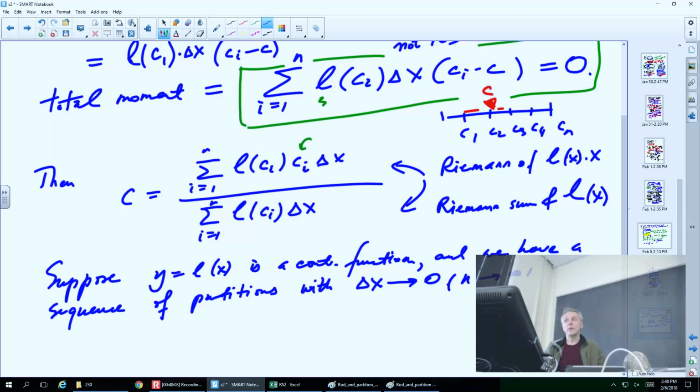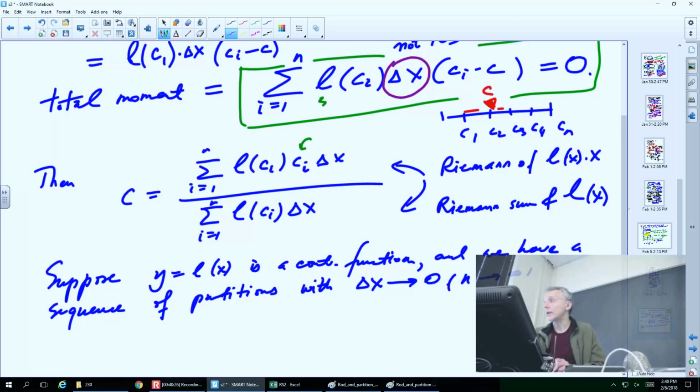Well, you need to recognize that this is indeed a Riemann sum, except I have to rearrange the terms again, but you can see that delta x is the term that turns into dx. So as long as we know what we're talking about, we have the Riemann sum of the function that's left.